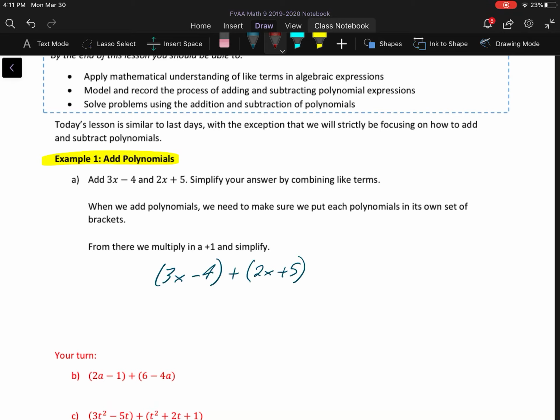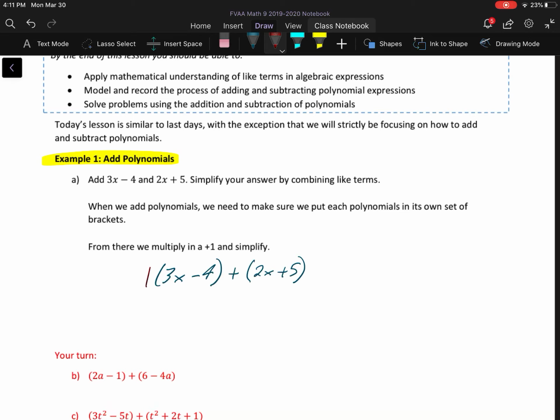Because there's nothing in front of the first bracket, in front of the 3x, I can assume that the number in front of that bracket is 1.